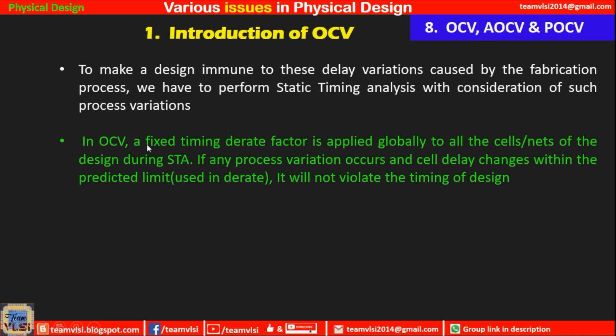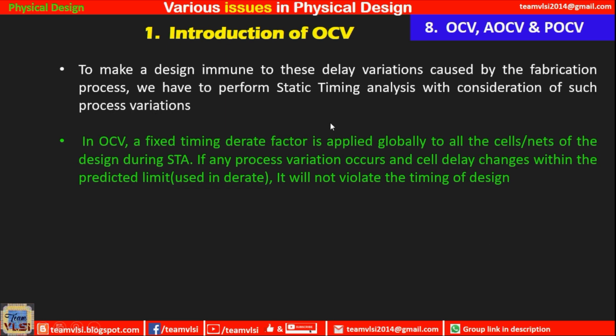In OCV, a fixed timing derate factor is applied globally to all the cells or nets of the design during STA. If any process variation occurs and the cell delay changes within the predicted limit used in the derate, it will not violate the timing of the design.